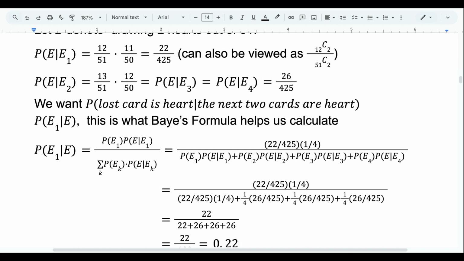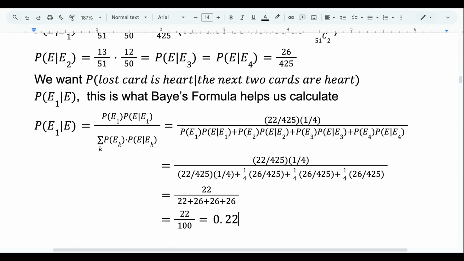So we can cancel out the 1/4, which is common to everything here. We can also cancel out the 425, and we're left with 22 over 22 plus 26, 26, 26. The denominator ends up being 100, so we get a perfect 0.22 as our probability.